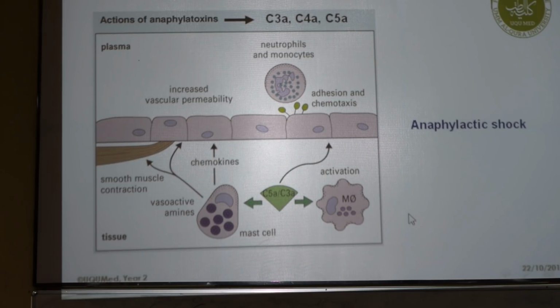Then they call more immune cells towards the site of inflammation. Wherever this complement protein is activated, they will call more immune cells there, and these will release histamine and bradykinin, which will perform the function of vasodilatation and bronchoconstriction. So all the features are a result of these three, C3a, C4a, C5a, which trigger histamine release, bradykinin release, and increase in permeability, vascular dilatation, smooth muscle constriction.